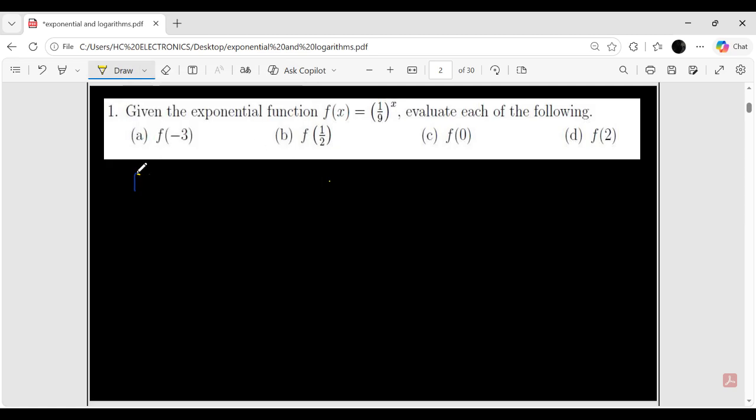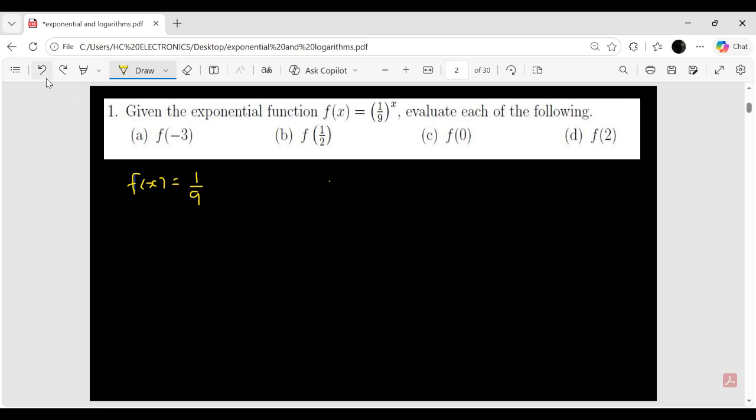So our function is f of x is equal to 1 over 9 to the power x. That is our function. Then now they're asking us to find f of negative 3.